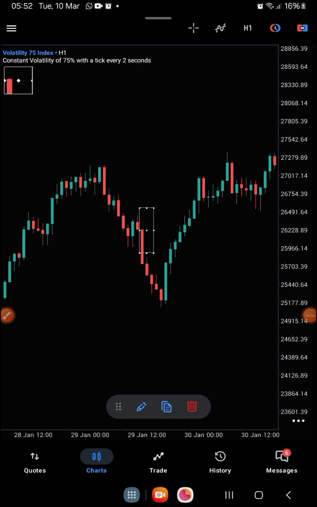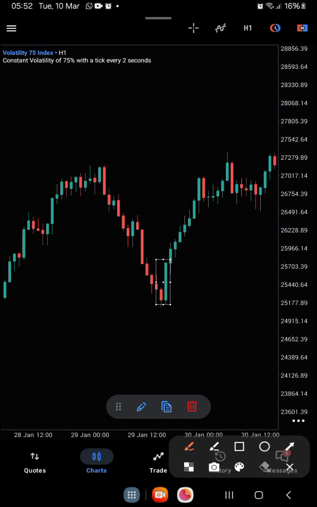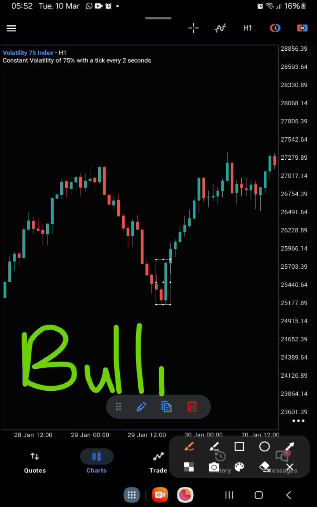so moving on, we have a bullish engulfing candle right here. This one there, we can see it, right? So this one is a bullish engulfing candle. Bullish, why?